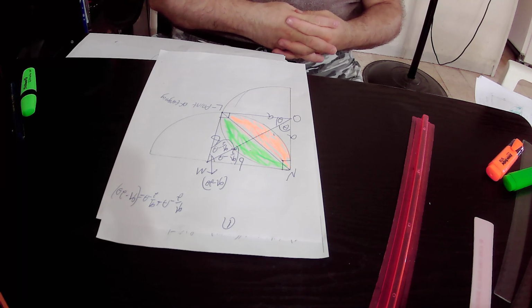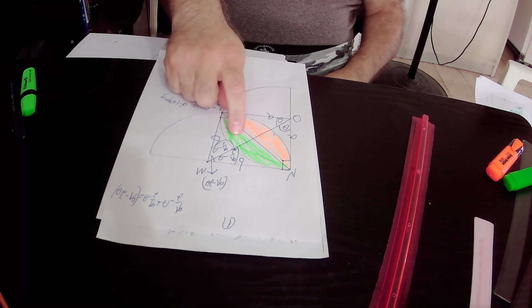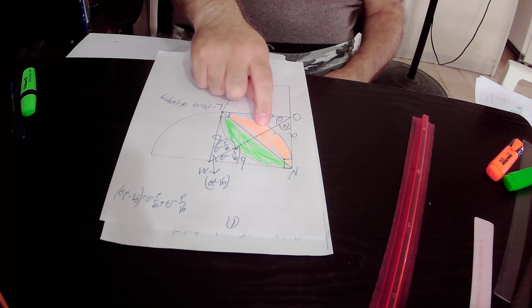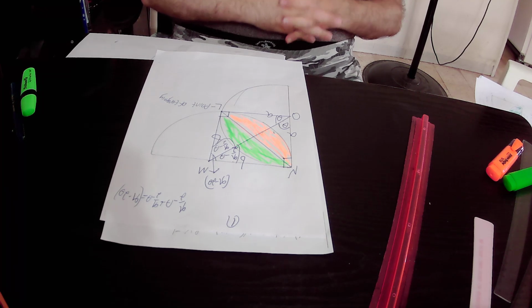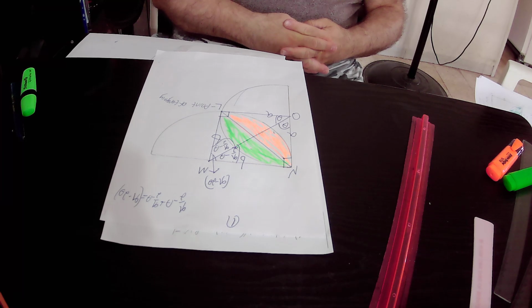And here we will find out the area of the green circular segment. We find out the area of the lower circular segment in the orange color. We'll add the two areas together, and this will give us a formula for the area of a lens that was created by two shapes that are perpendicular to each other.